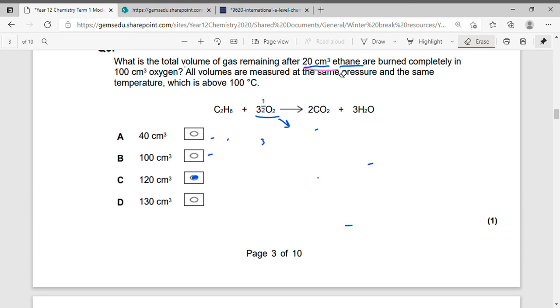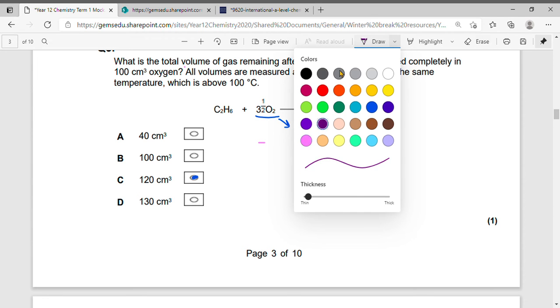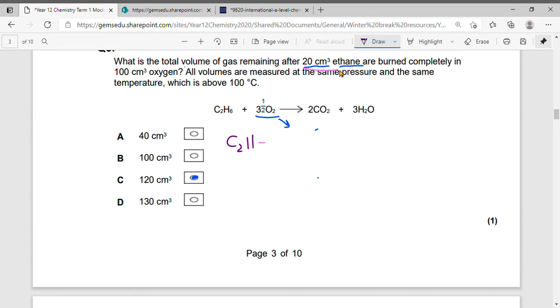But anyways, 20 centimeters cubed of ethane was burned. C2H6. In fact, let me write in purple. The volume is 0.2 decimeters cubed. Sorry, let's keep it centimeters cubed.